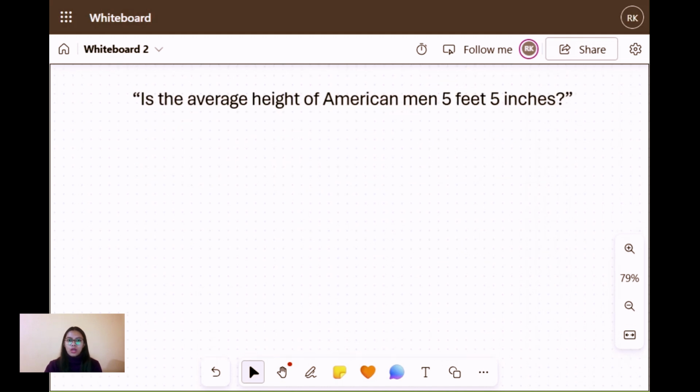Now, first, what we have to do here: we know that 5 feet 5 inches does not have the same unit, so we will convert this. 5 feet 5 inches equals 165 centimeters.